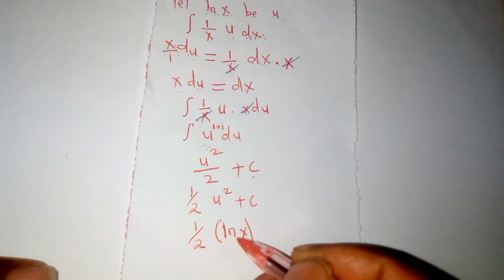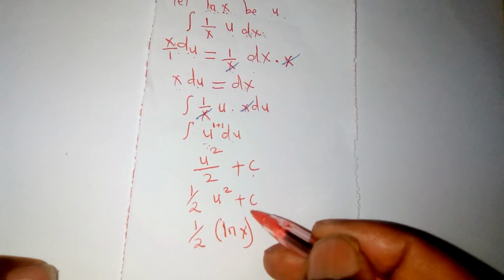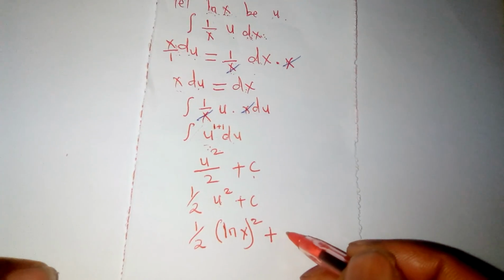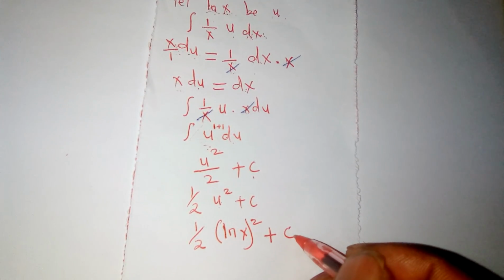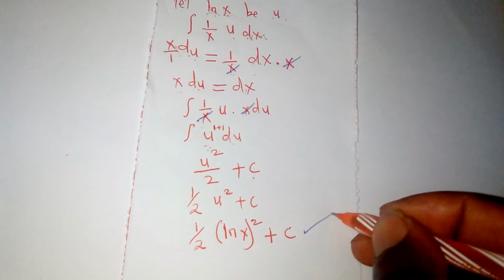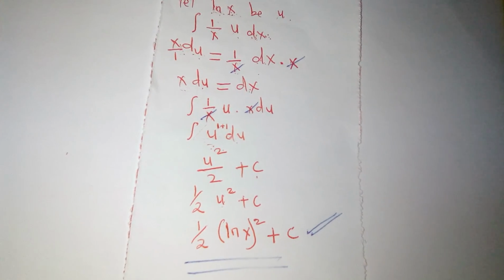But remember, ln x was u, and u is squared here, so I'll come here and square that one. Then you are required to add a constant c. Now friends, after reaching there, you will have gotten the integral of what the question wanted you to find.